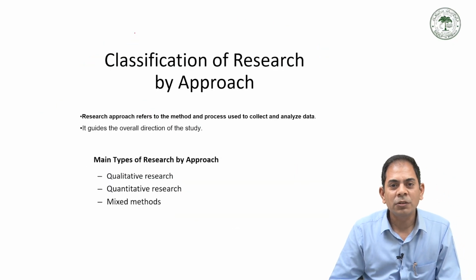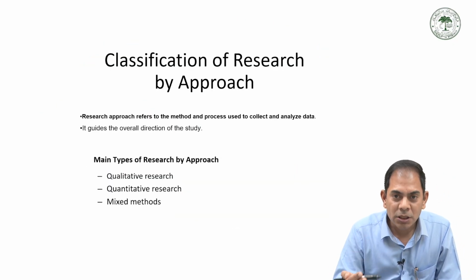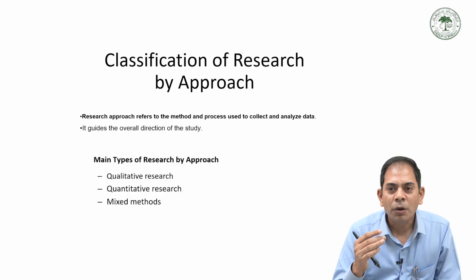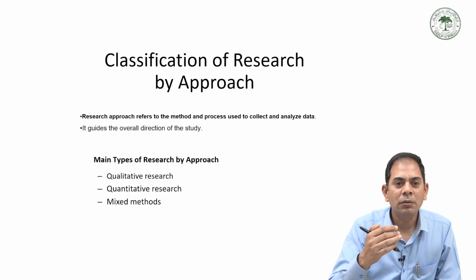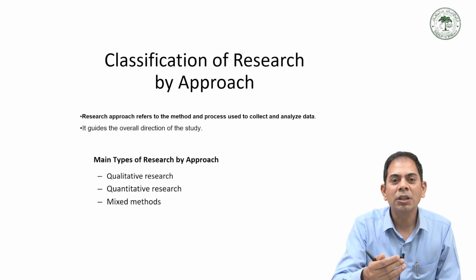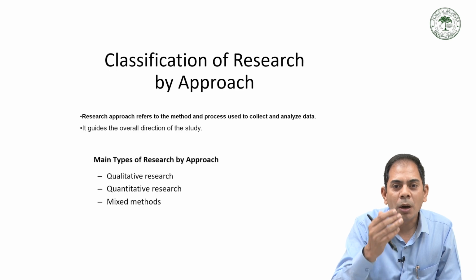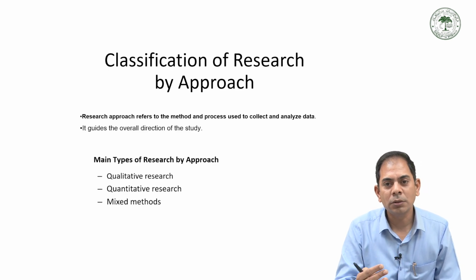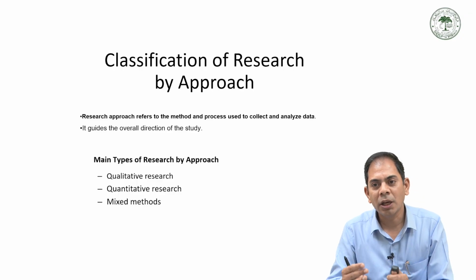In the classification of research by approach, we are not just studying what research is, but how research is carried out. The research approach refers to the methods and processes used to collect and analyze the data.